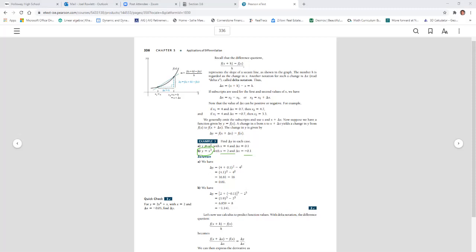This time, instead of adding 1/10, we subtract 1/10 because that is the change in x. Minus f of 2. And if we do the math, we get down to negative 1.141. So let's draw a picture of that.